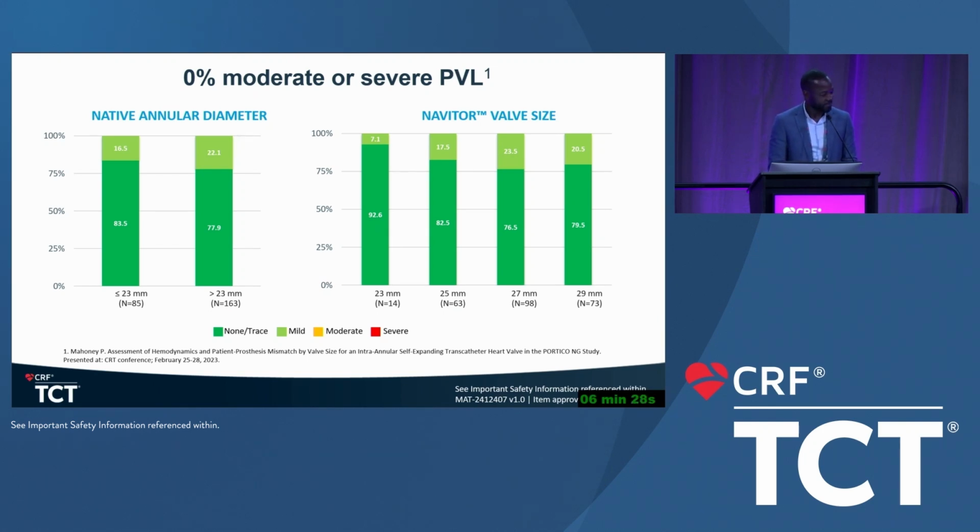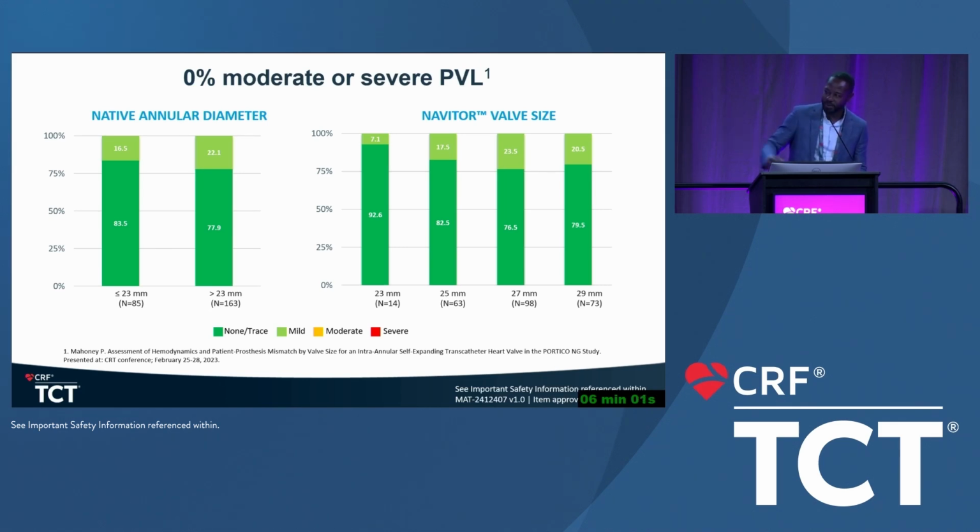So I tell patients that the risk of having a PVL that's large enough to affect how they feel is less than 5%. But honestly, I don't know that we do one post-TAVR PVL per year. If we do 300 cases, it's 0.1% or something.